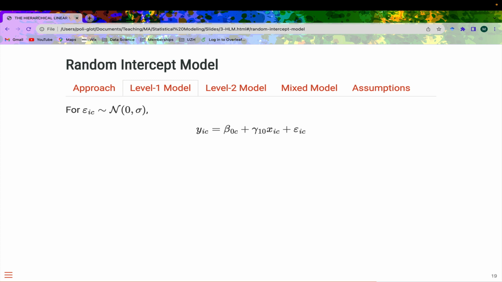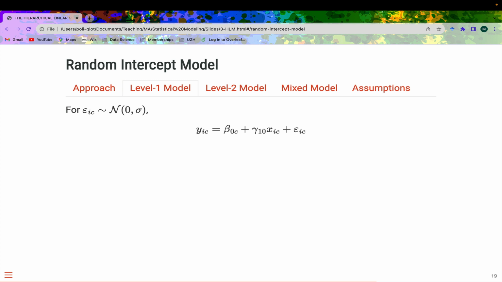There is no subscript c in that gamma. So we assume that political efficacy plays out exactly the same way across all countries. Theoretically, we would expect that more efficacious individuals are also more trusting. So we expect gamma sub 10 to be positive, but we don't expect there to be variation in that across countries.